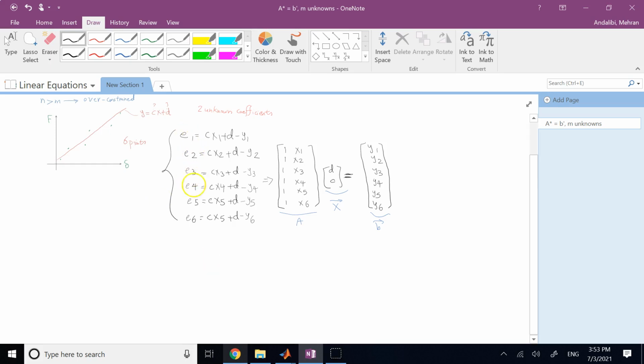So you cannot individually minimize them; what you need is one metric, one measure. What I'll try to do is this: e1 squared plus e2 squared plus e3 squared all the way to e6 squared. I'm trying to minimize the sum of these squared errors.